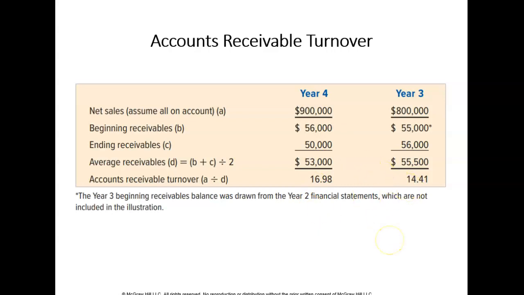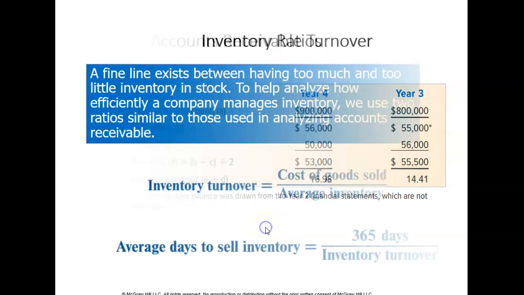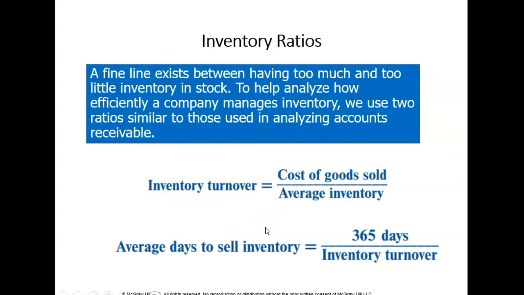Compared to year 3, take 365, divide that by 14.41, and that would give us 25.3 days. So we see we're improving. We're collecting quicker in year 4 than we did in year 3. And that's called the accounts receivable turnover and the average collection period.